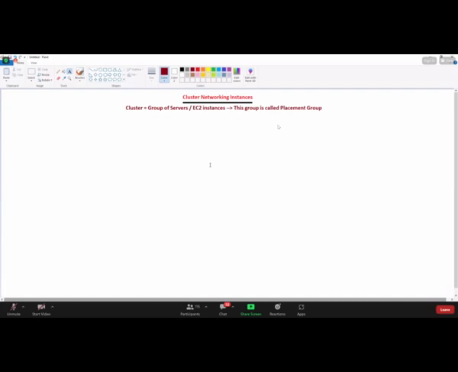Cluster meaning grouping in the same availability zone. We are sitting in the same room, no? How is the performance? It's very high, right? I can listen to you, you can listen to me, we can talk to each other. But the problem here is we are sitting in the same room.